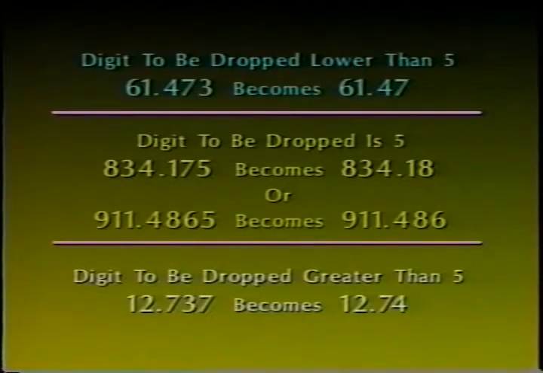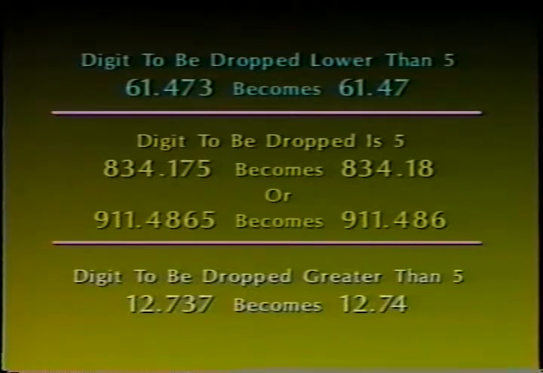Rounding off numbers is the process whereby one or more digits is dropped from a number so that it contains only the required number of significant figures. When rounding off numbers to a required degree of accuracy, one of the following methods shown on screen may be used. First, when the digit to be dropped is less than 5, the number remaining is simply stated without the digit.